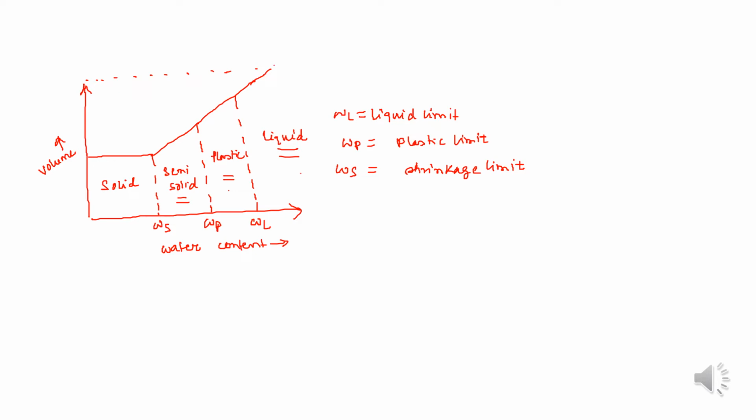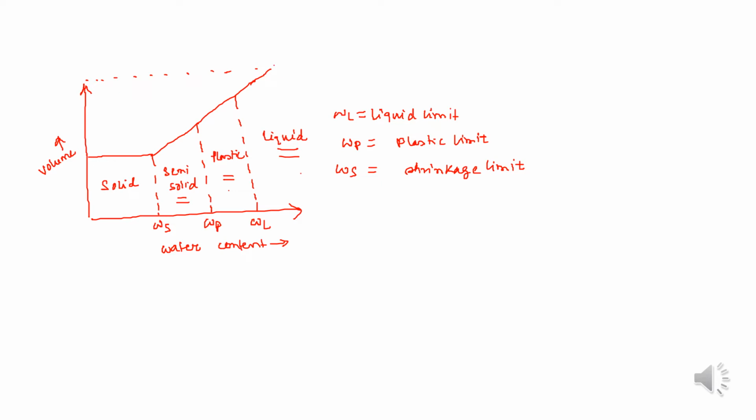That is, the sample now changes from a semi-solid state to a solid state, right? And further drying produces no change in the total volume of the soil, and thus we can say that the soil is no longer fully saturated, right?